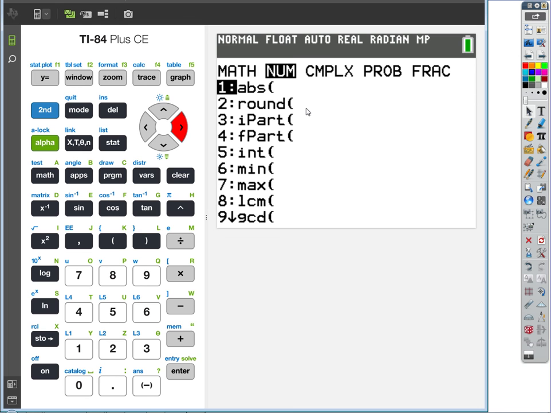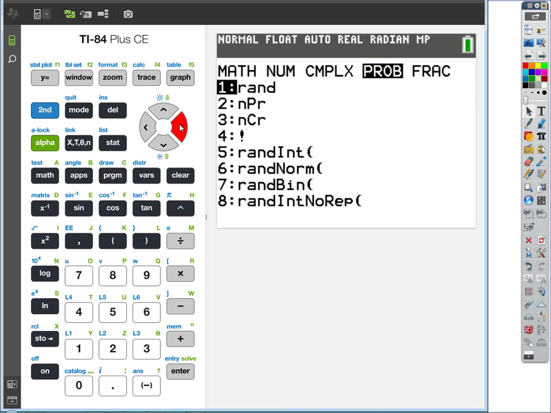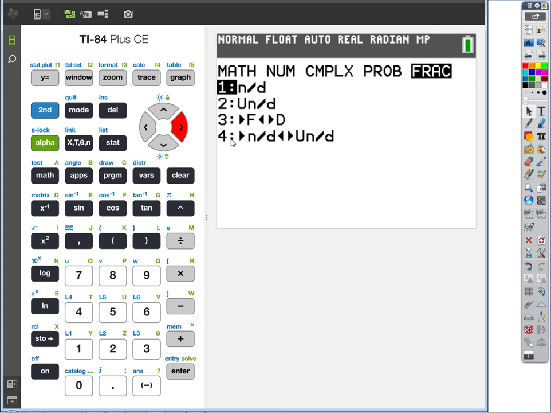You're inputting a number, it's giving you back a number. Complex numbers deals with numbers that have imaginary parts. Probability has n permutations, take r at a time, and the factorial. And then the fraction menu you're already familiar with. These are all the templates you can use for fractions, mixed numbers, converting between fractions and decimals, et cetera. But we want the number one.